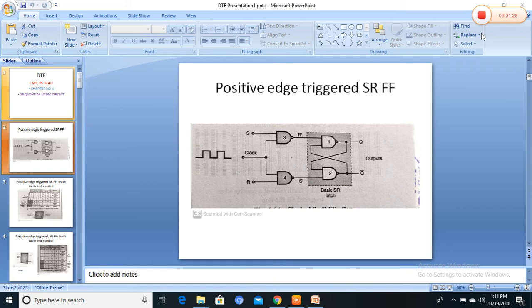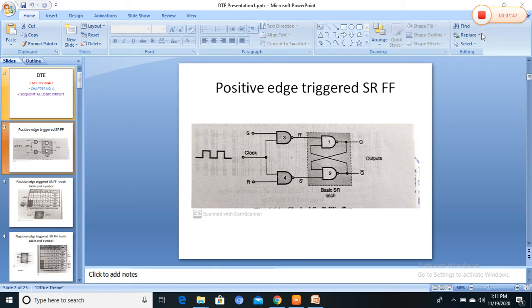These inputs are applied to the SR latch, and the outputs of the basic SR latch, Q and Q bar, will not change. If clock is 0, there is no change in the output of the clocked SR flip-flop. That is the first condition.